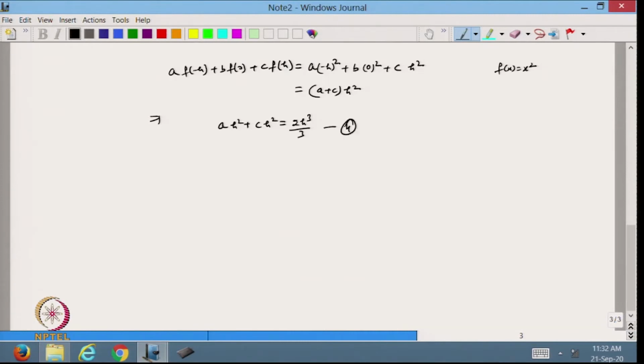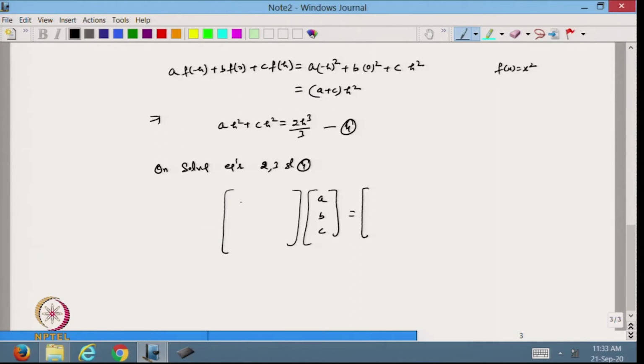Now, suppose I have 3 variables, a, b, c, and the 3 equations that we have now. So, on solving equations 2, 3 and 4, we can solve by the methods we have applied for solving a system of equations. This is basically a linear system of equations. So, from here I can get a, b, c.